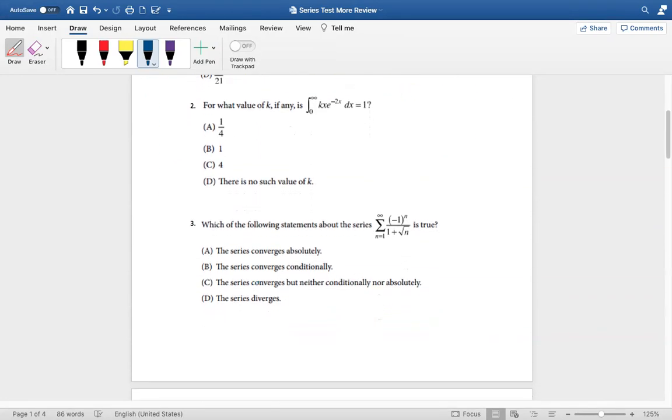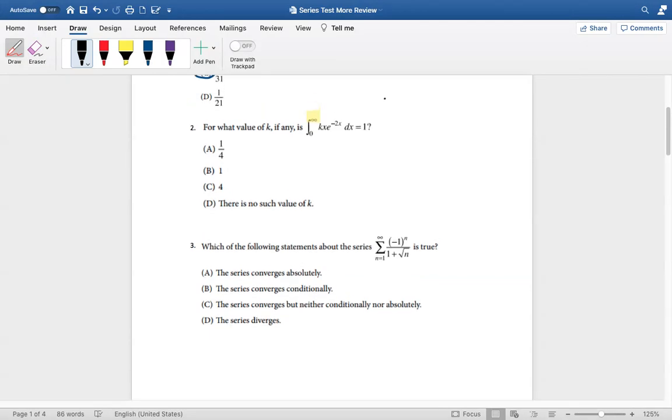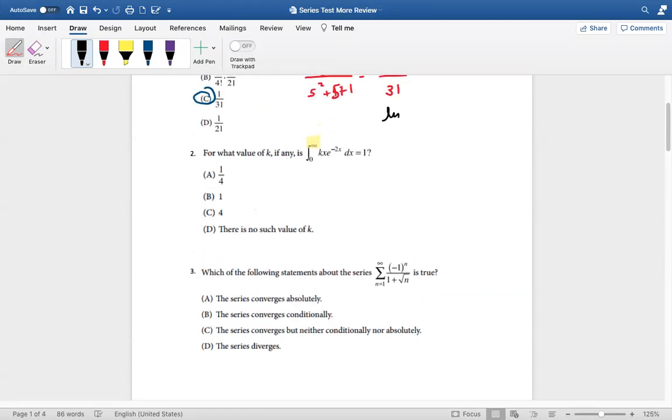Number 2 is going to take me longer than 2 minutes. I have an improper integral. For what value of k is this improper integral equal to 1? So here's my strategy. An improper integral means I'm going to have to take the limit, and no, I didn't forget about k. I'm going to osmosis that k out here, all the way out.